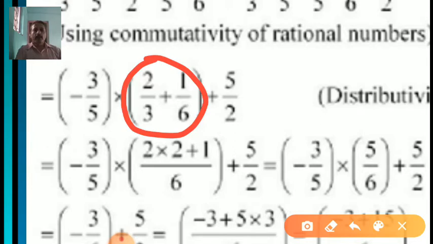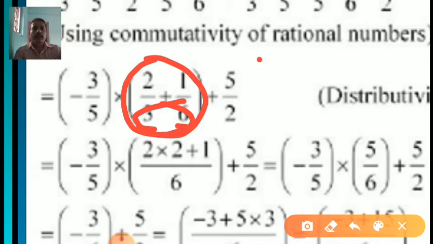Now look at the denominators of both. Here is 3 and here is 6. Now the LCM of 3 and 6 is 6. That means I want to make both denominators 6. So in the second case, 6 is already present. Now what about the first one?